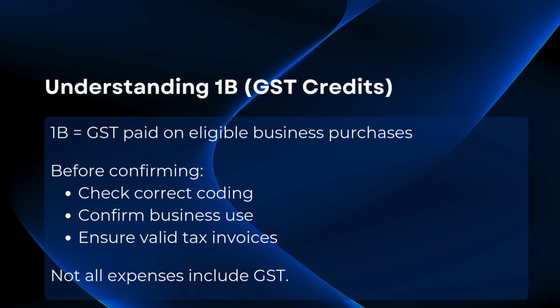For example, GST collected is $6,000. GST credits are $3,300. This makes your net GST payable $2,700. This calculation is straightforward once you understand the structure.